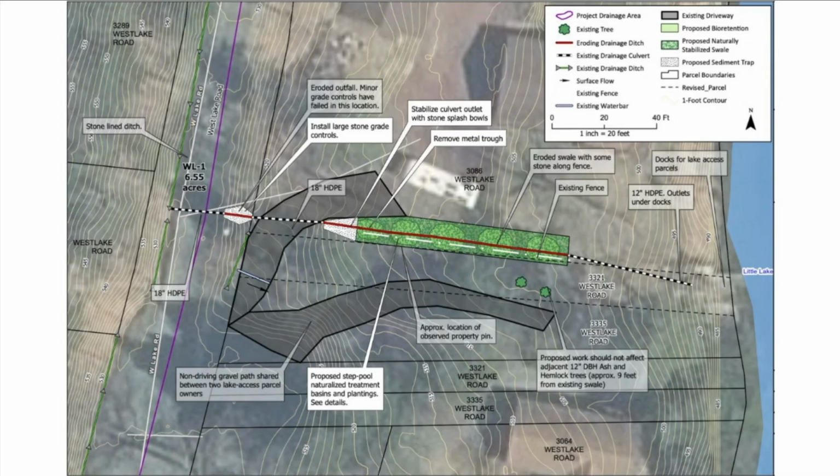I will point out, and whether the owner's here or wants to comment later, we did notice, where is it? No, I'm sorry, that's on the next one. We found a property pin. These parcel lines shown on here, for this plan and others, are the best available parcel lines that we have from the state.